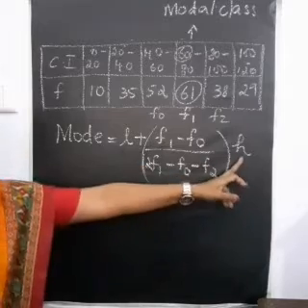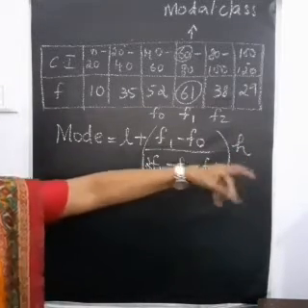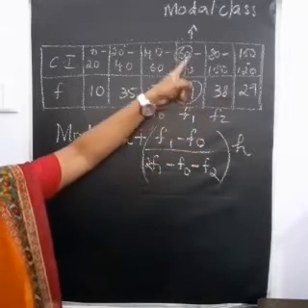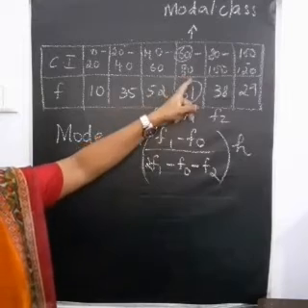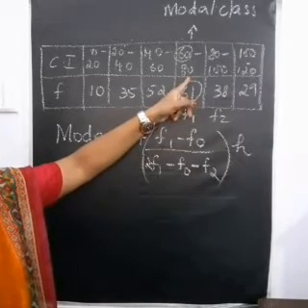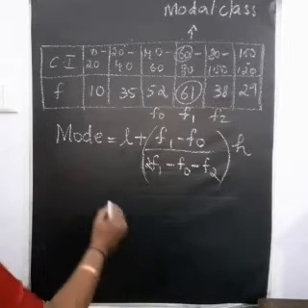Now H is the class size. Class size is got by subtracting the lower limit from the upper limit. So in this case, what will your class size be? 80 minus 60, which is 20. Now let us substitute in the formula.